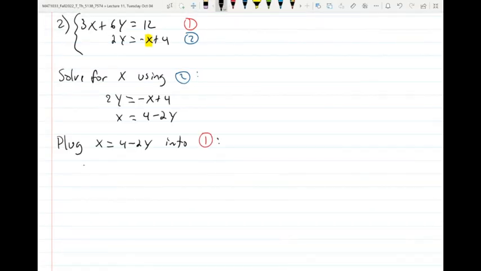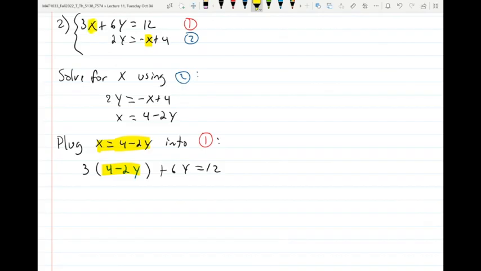All right, so we're gonna have 3, instead of x, I'm gonna put a parenthesis, plus 6y equals 12, and now let's plug in. X is 4 minus 2y. Do you understand this? So you have your expression for x, and that's what I put here.